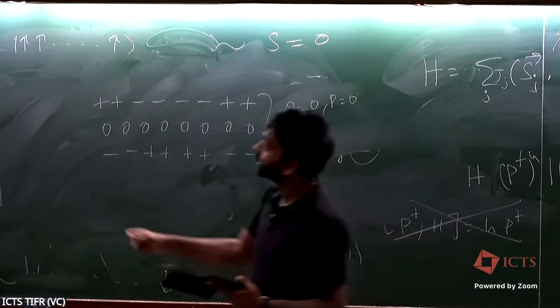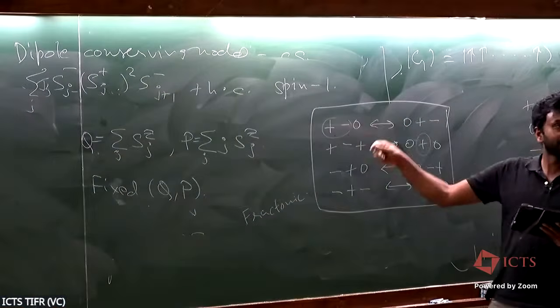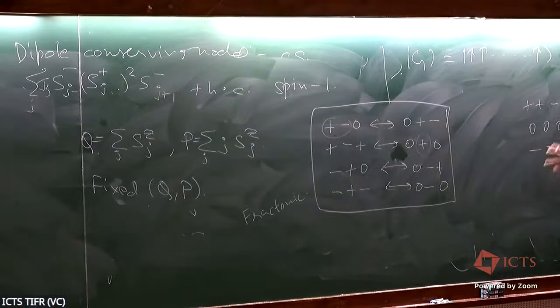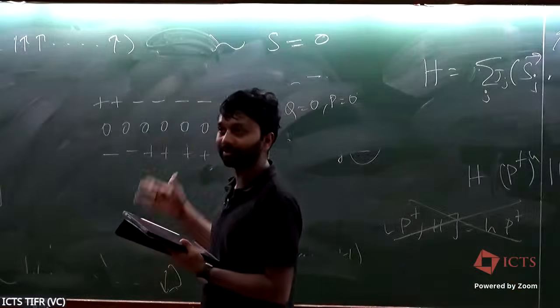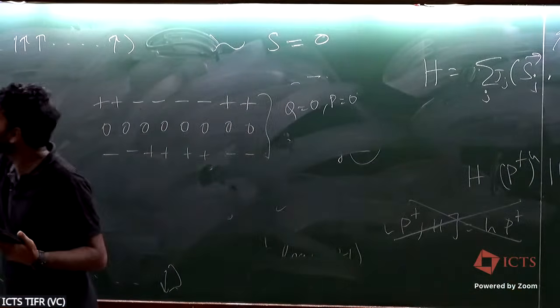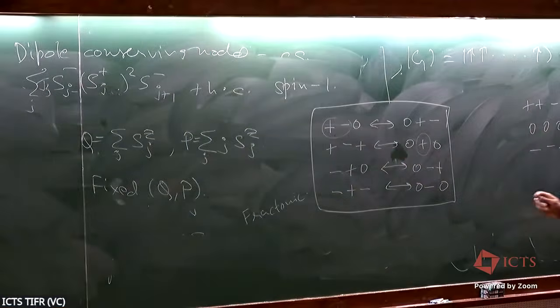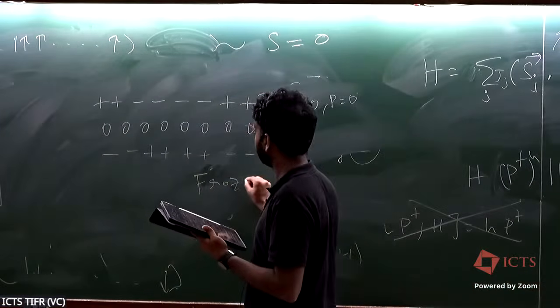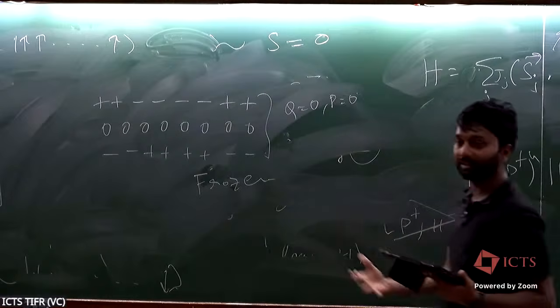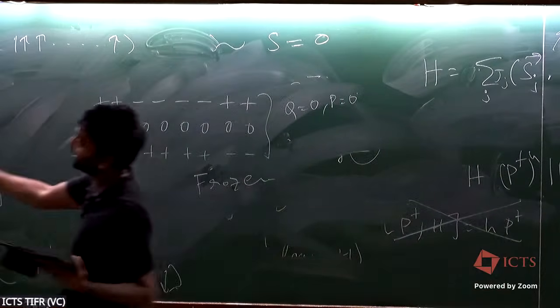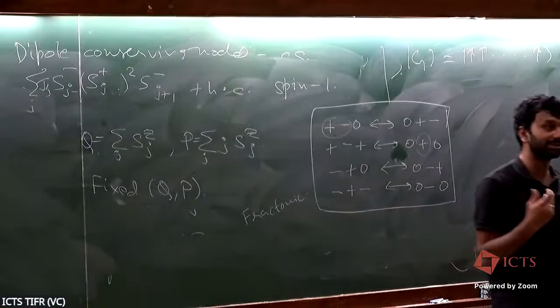But if you try to apply these rules, which is where the Hamiltonian evolves, you see that it just does not act on these states. There is no configuration where any of these appear. So these states are completely frozen, which is, again, a bit confusing, since I said that there are no symmetries apart from these.